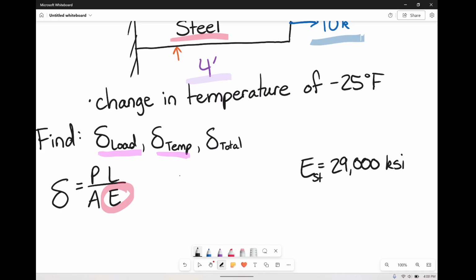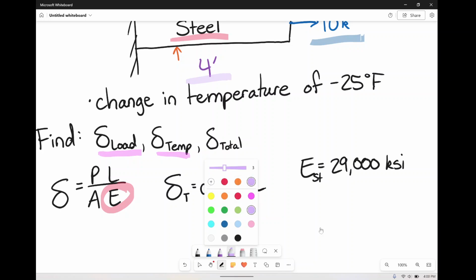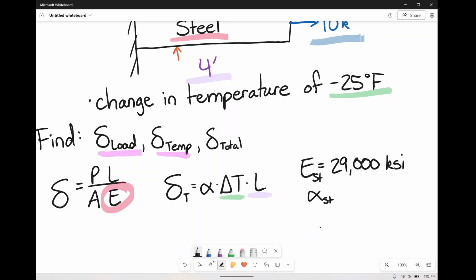Our next equation is the temperature one, which again is alpha times the change in temperature times the length. Now again, we already have the length. The length was in purple. Delta T was given to us, so delta T is right there. So lastly, what we do need is alpha. And again, it's a material property, so we can look that up online.